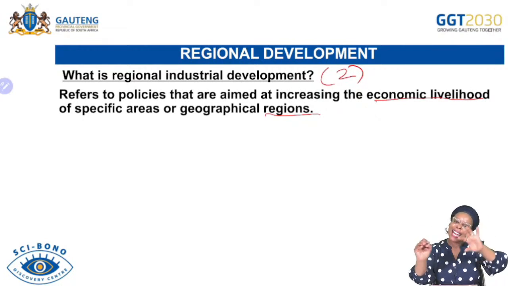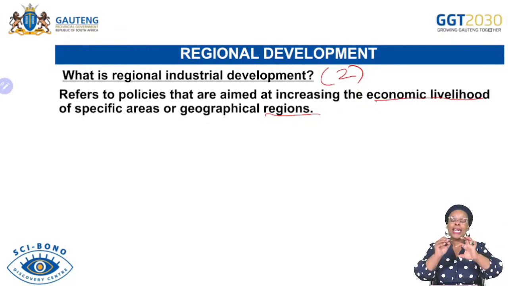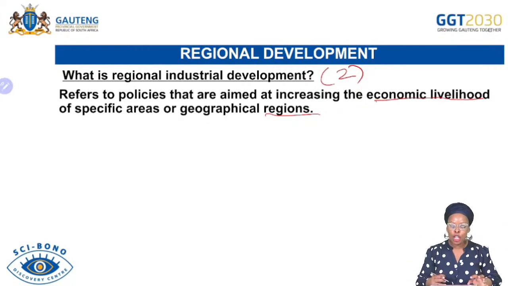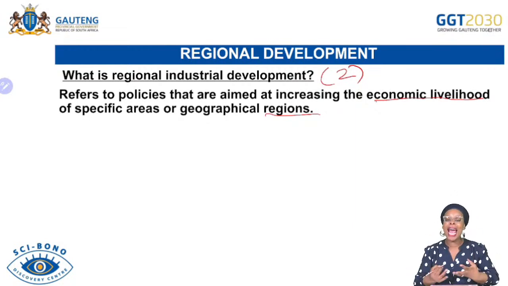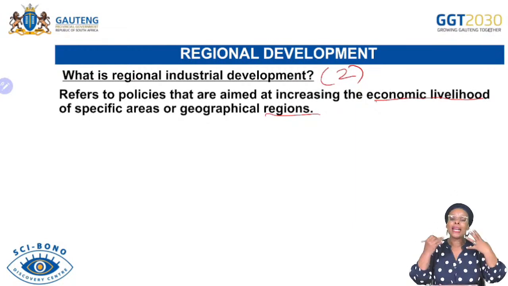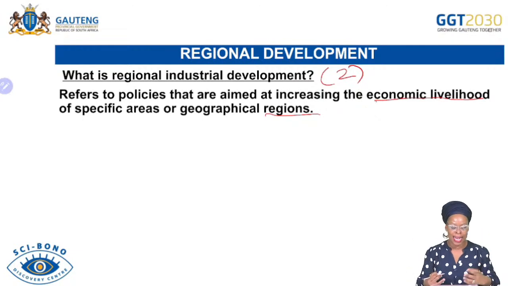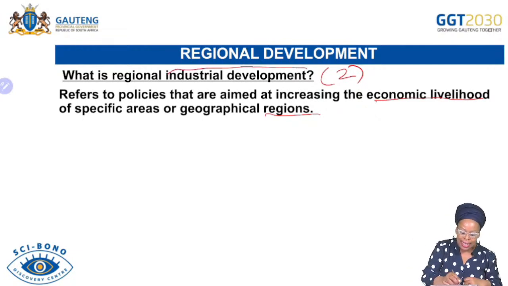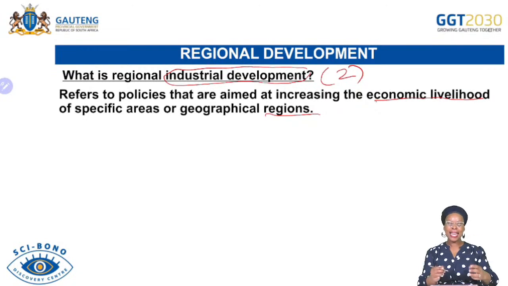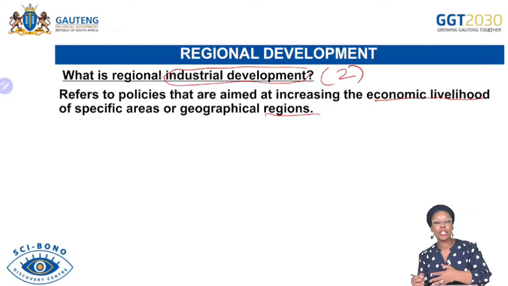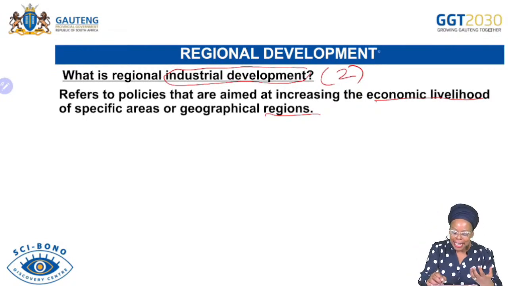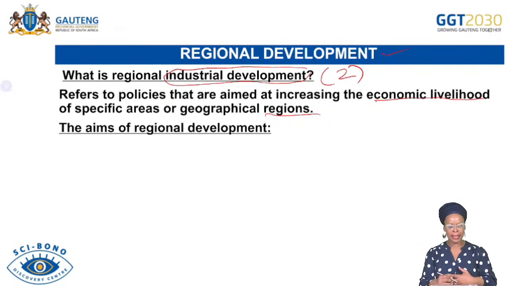Within South Africa, there are regions which need to be developed. So each region has its own policies. When these policies are implemented and they improve the economic livelihood of these geographical areas, then we will say that this is regional industrial development, or you can simply call it regional development.